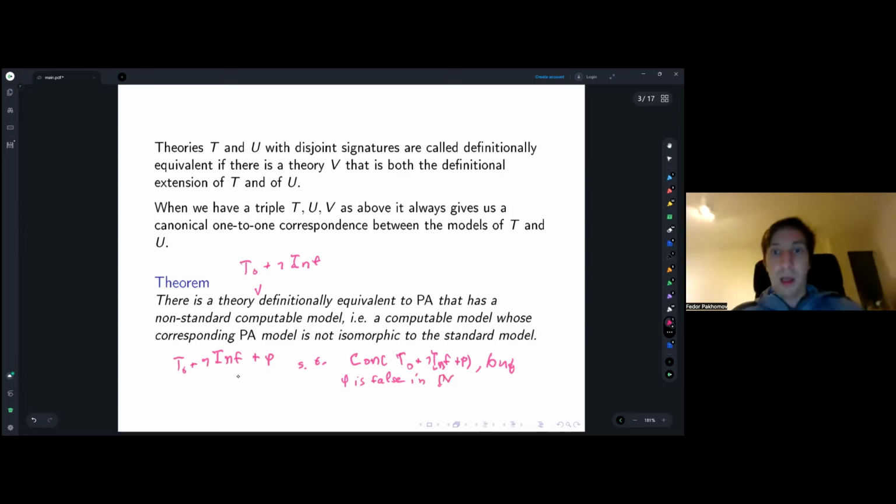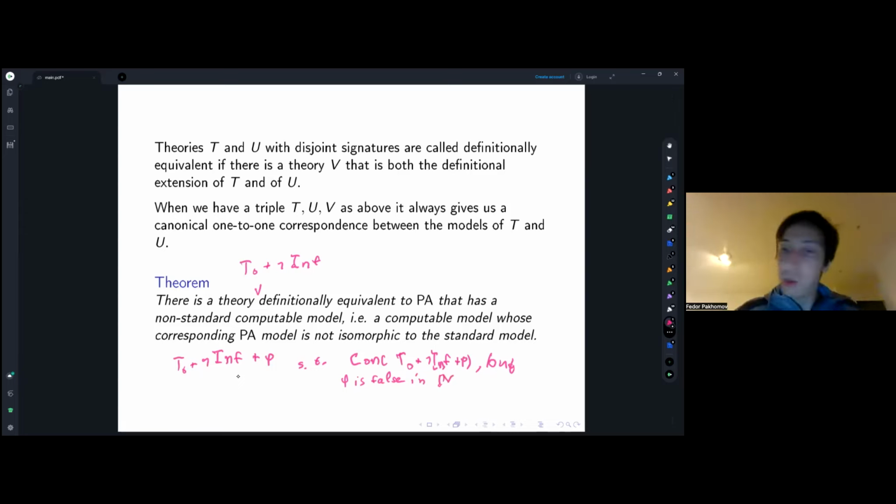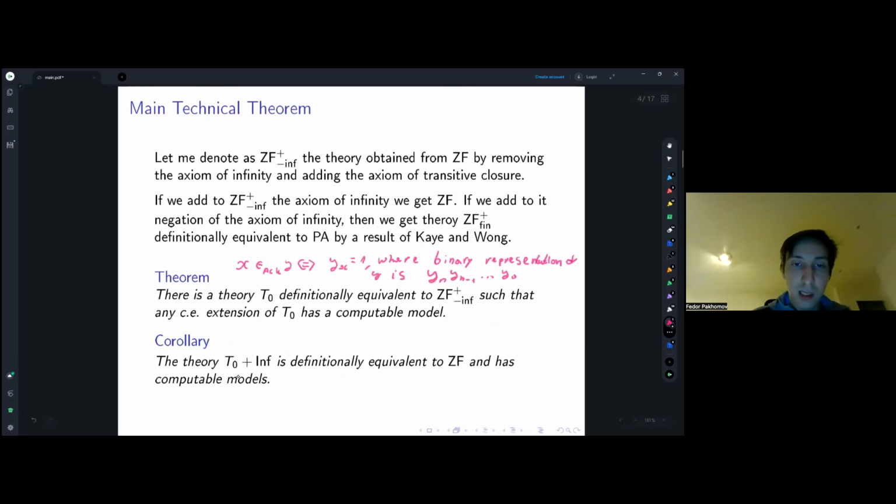So basically we're doing this, and then by this main technical theorem, there will be a model of that theory with this additional false sentence. And since we had that false sentence, this forces the model to be non-standard.